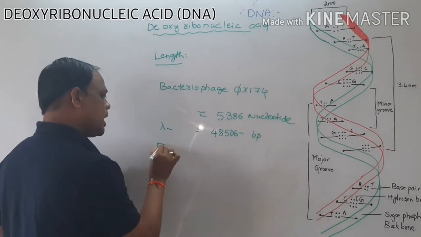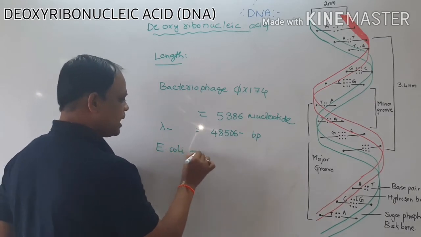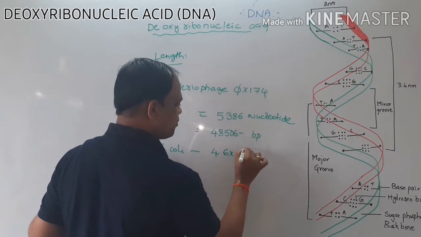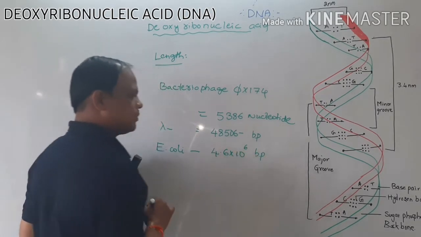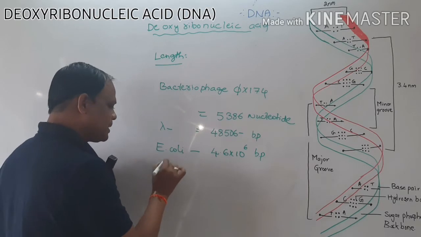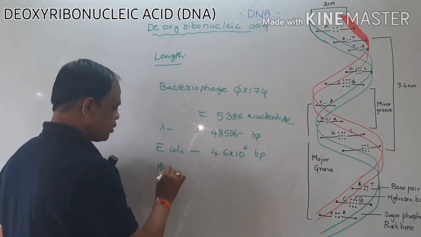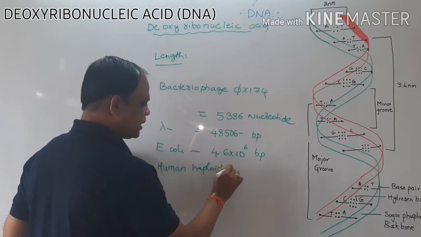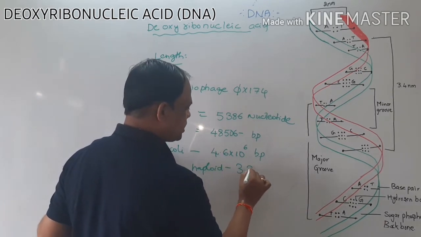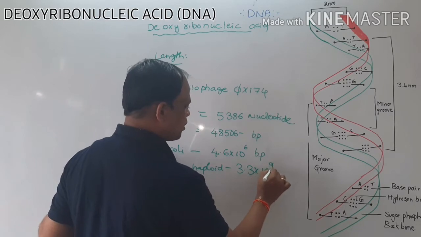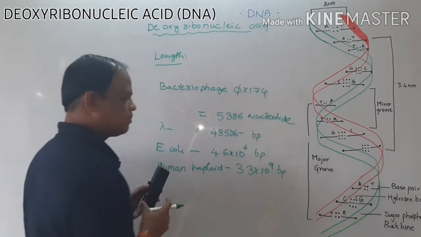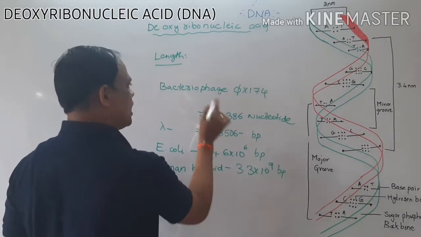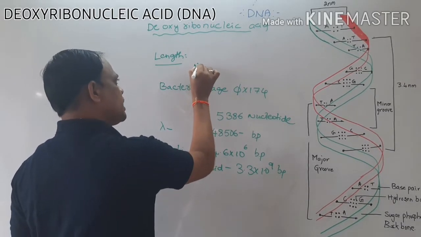E. coli cells contain 4.6 into 10 to the power of 6 base pairs. The human haploid cell contains 3.3 into 10 to the power of 9 base pairs. So the length of DNA is based on the number of nucleotides.